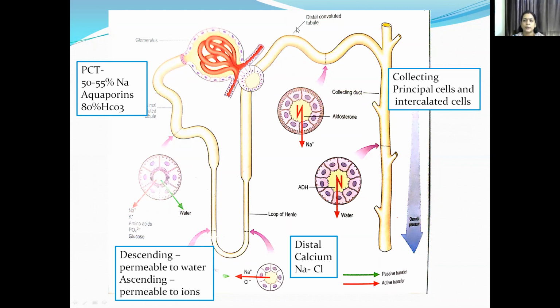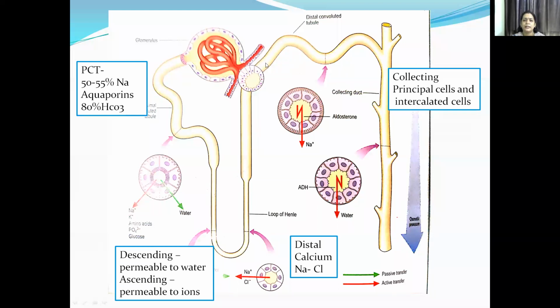So here we talk about the distal convoluted tubule. Usually in the distal convoluted tubule, the important thing is that the calcium reabsorption occurs here, okay? And then the co-transport of the sodium and chloride also occurs in the distal convoluted tubule.